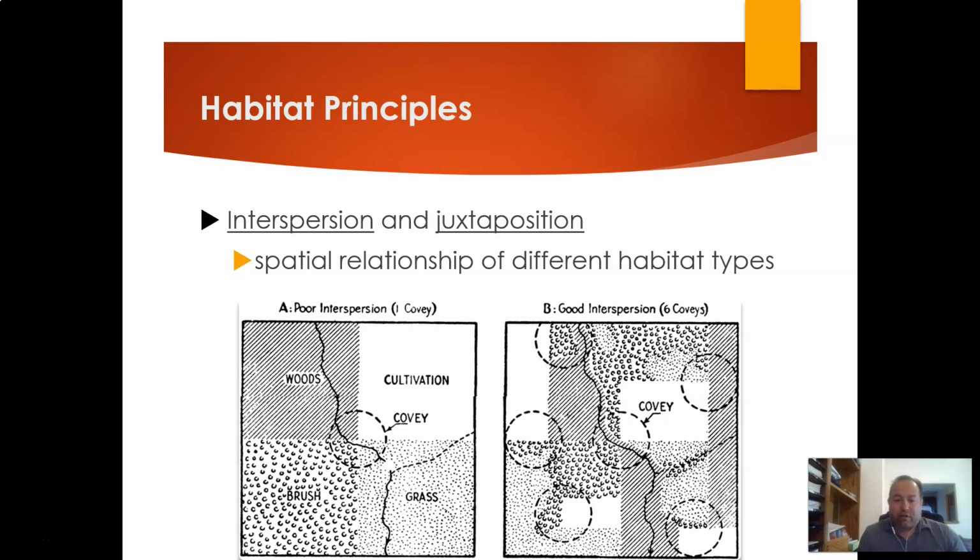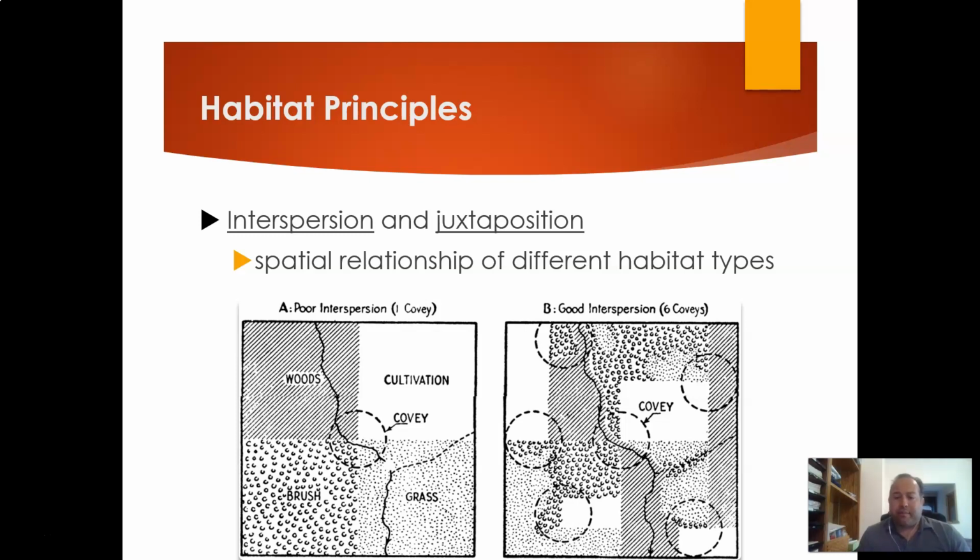Sometimes it's the cultivation and a little bit of woods and a little bit of grass and a little bit of brush. Sometimes you've got the water in there. Sometimes it's a mixture of all of them. It's the idea that you're being able to take advantage of all the different habitats that are there, and being able to use all the different parts that are available to you. It's an important thing for wildlife that different habitat types are available, because different habitat types offer different things.